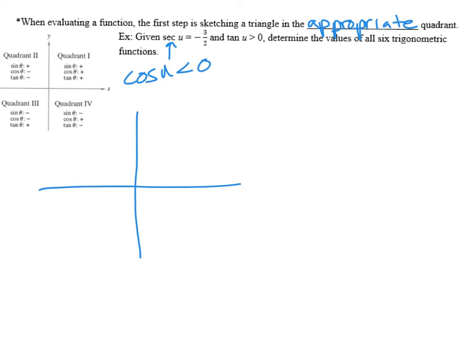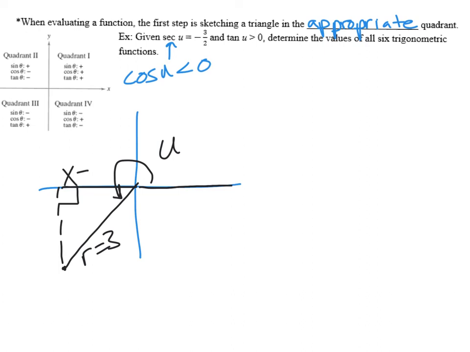We are over in quadrant number 3, and this would be angle U. I haven't drawn this to scale, but secant is R over X, so R would have to be 3, and X would be -2.